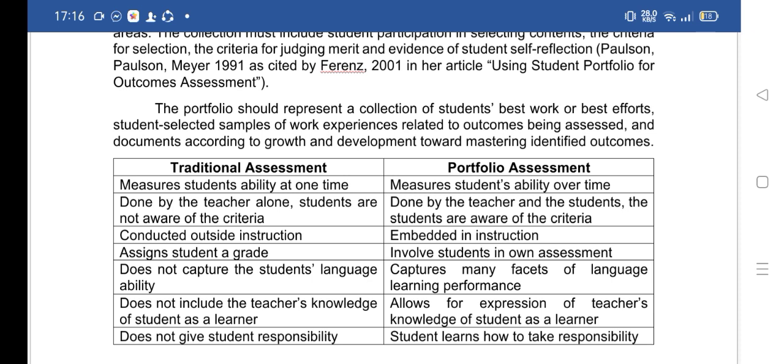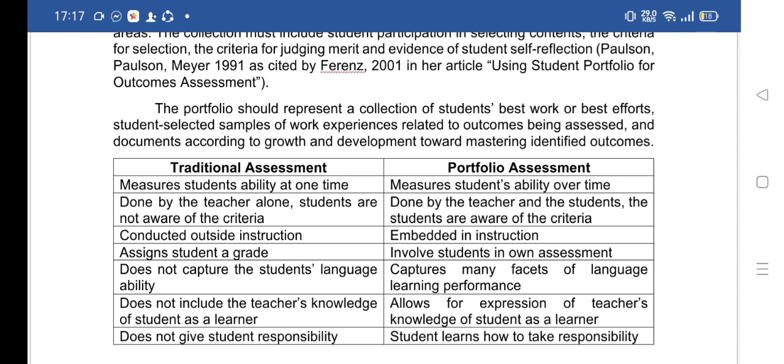And then, the traditional assessment and portfolio assessment. So, under traditional assessment, this assessment measures students' ability at one time, done by the teacher alone, and students are not aware of the criteria, and it is conducted outside instruction, assigns students a grade, does not capture the student's language ability, does not include the teacher's knowledge of the student as a learner and does not give students responsibility.